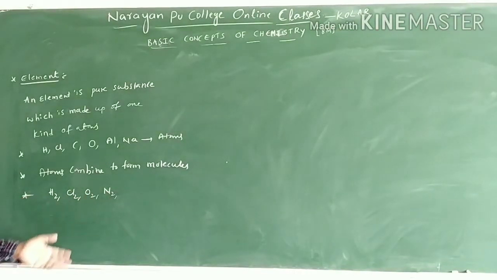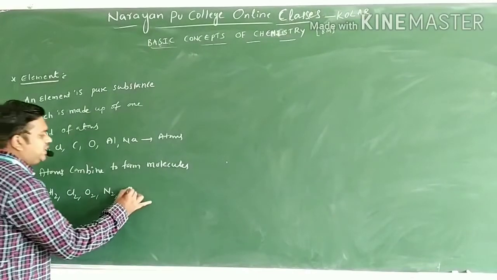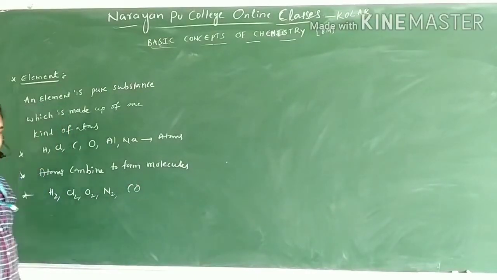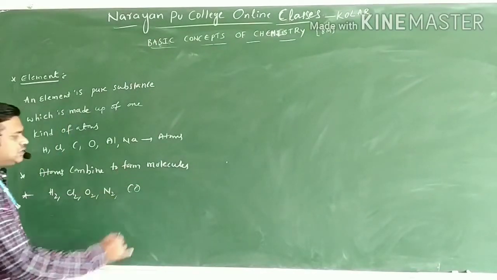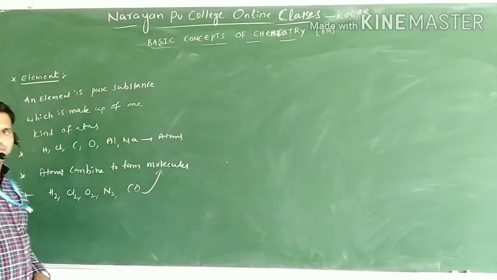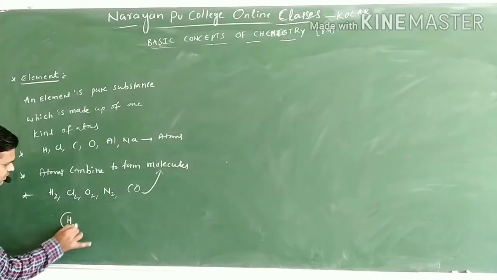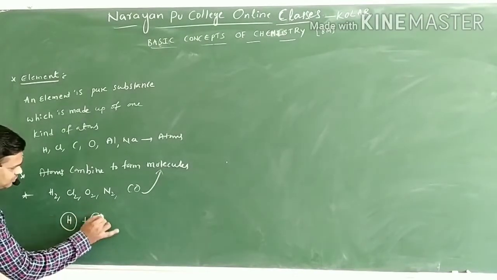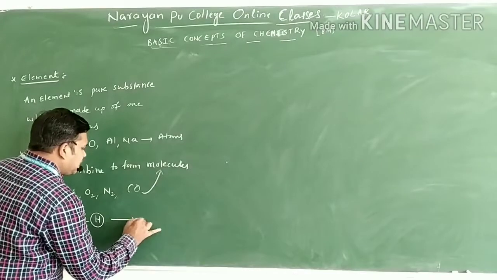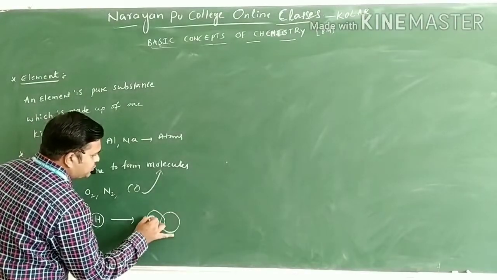If you want to take here H2, Cl2, O2, and N2, you can take this one, carbon monoxide. All these come under what? Molecules. How are these molecules formed? Suppose you take a hydrogen atom and mix it with another hydrogen atom, and both combine to form one molecule. We have the H2 molecule.